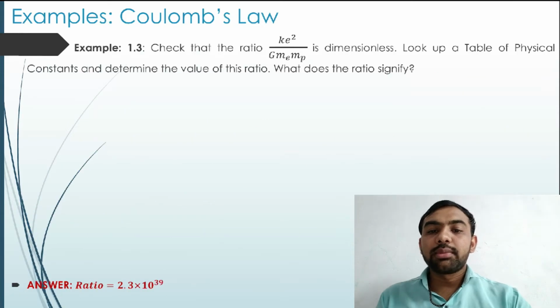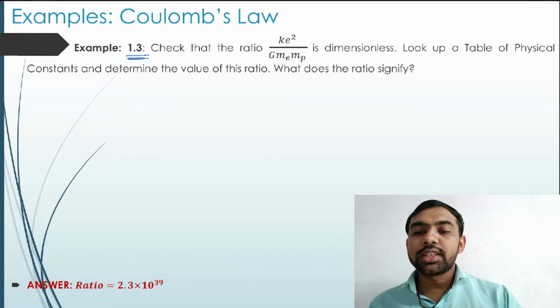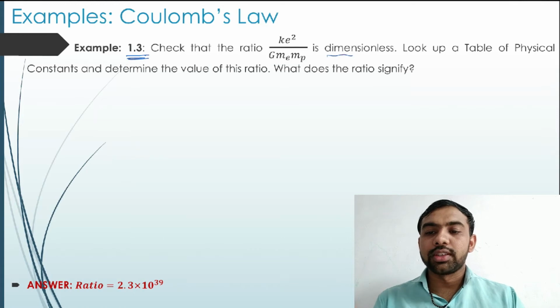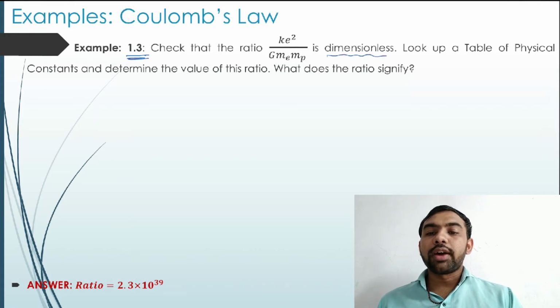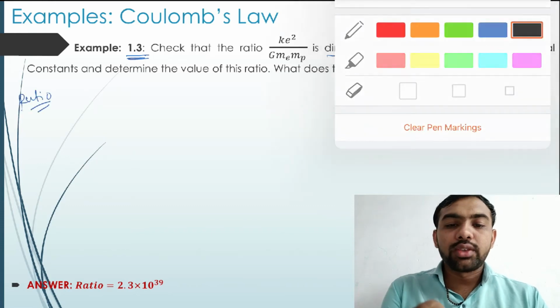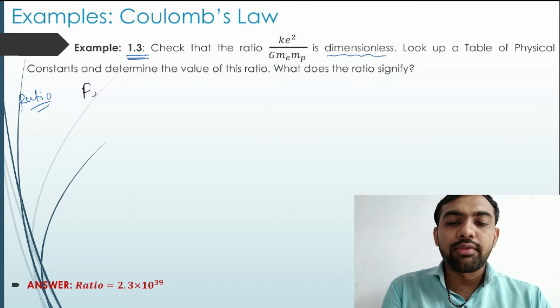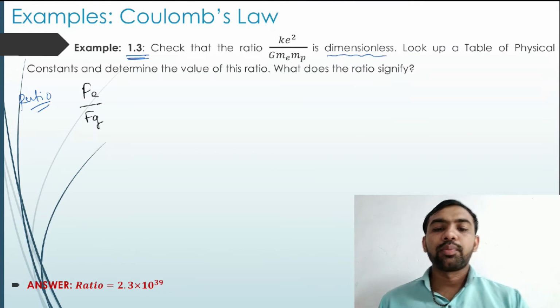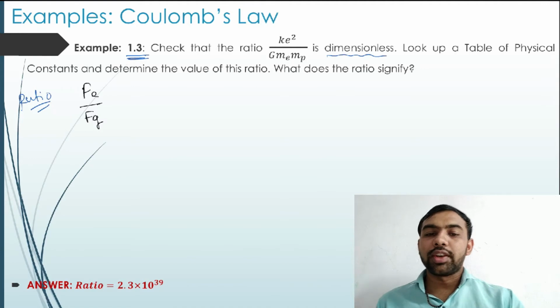Let's see the next example, number 1.3 from the exercise. Check that the ratio ke square upon G me mp is dimensionless. We have to check that it is dimensionless. Actually, this ratio is F electrostatic upon F gravity, meaning electrostatic force upon gravity force.